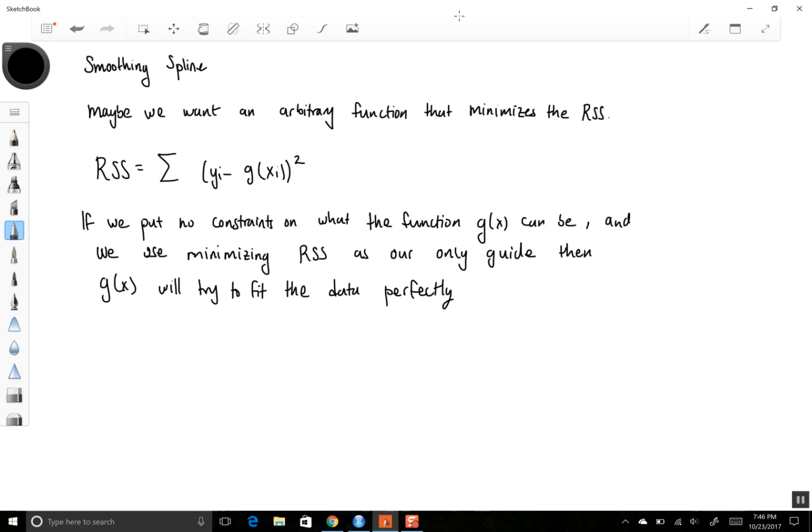So far we haven't talked at all about how g of x would be calculated, but if this is our only guide, it will try to fit the data perfectly, and will thus be too wiggly and overfit.